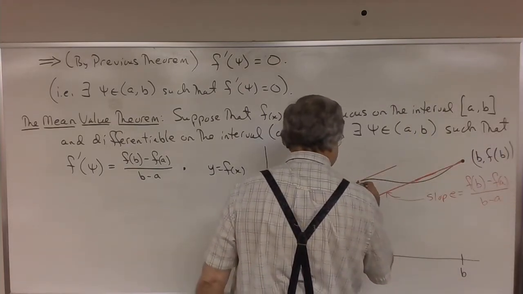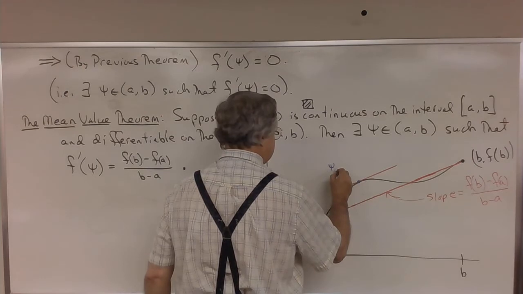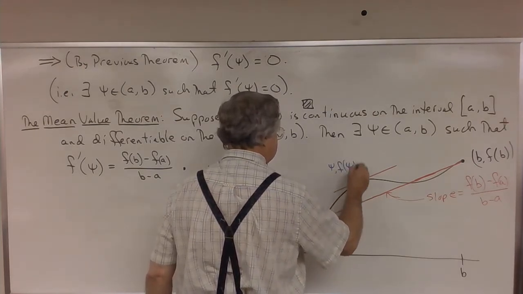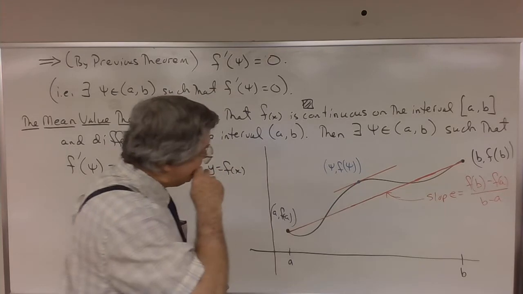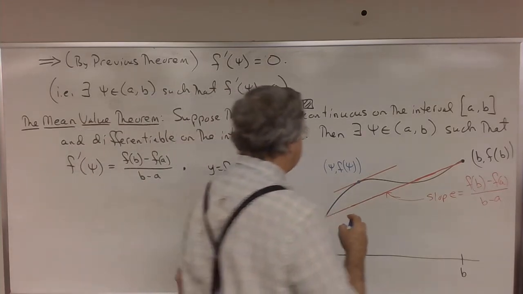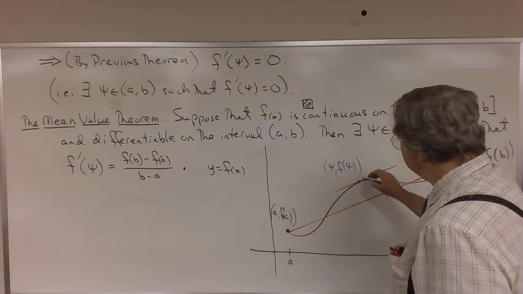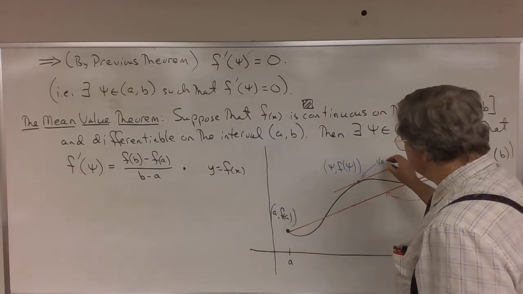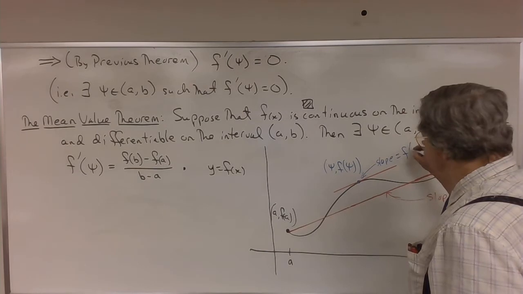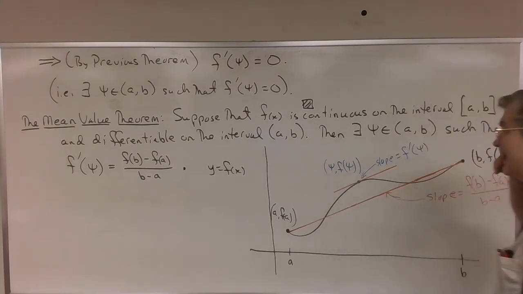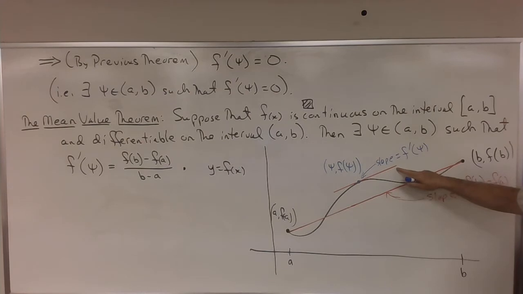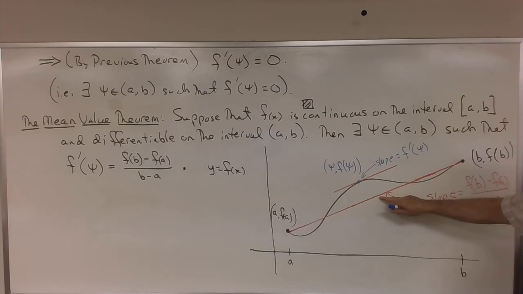So here's the point psi, f of psi, and the slope of this line is f prime of psi. And the slope of this line is clearly the same as the slope of that line. So they have the same slope. f prime of psi equals this thing.